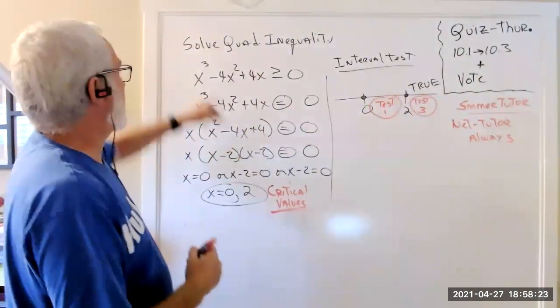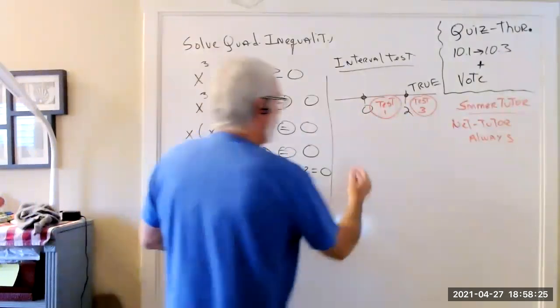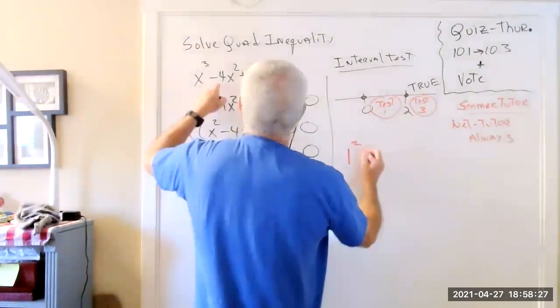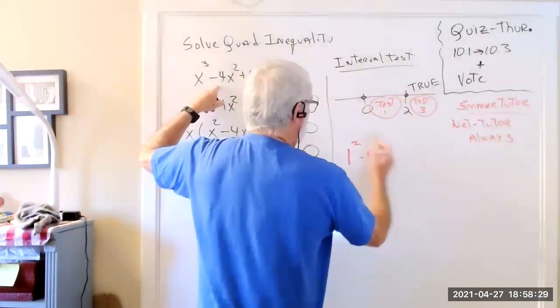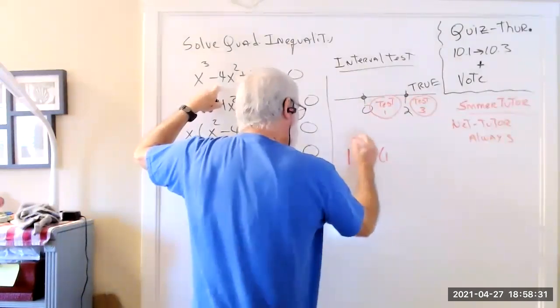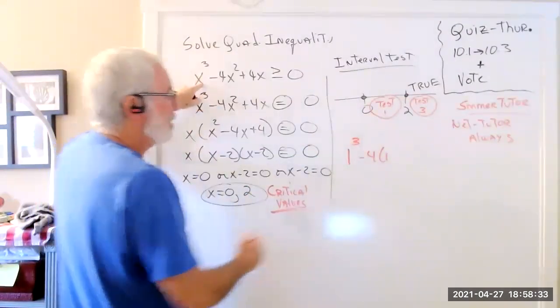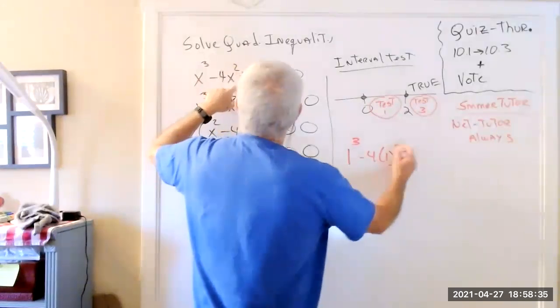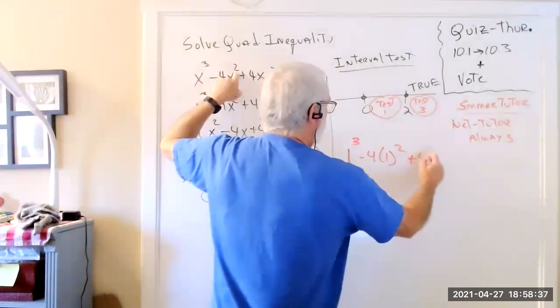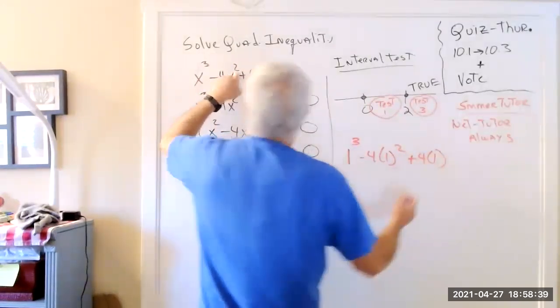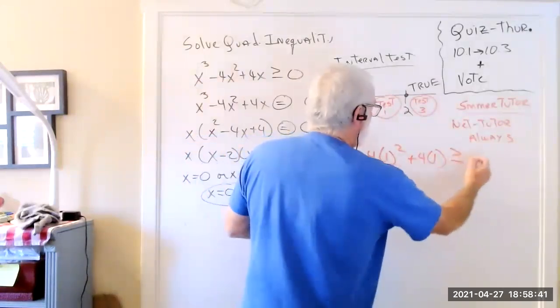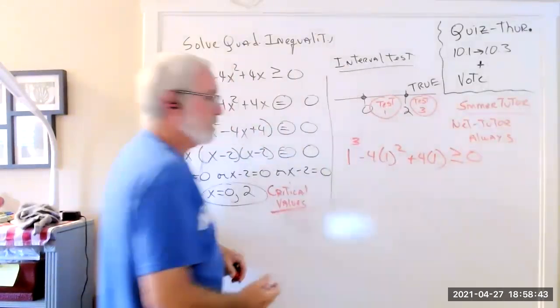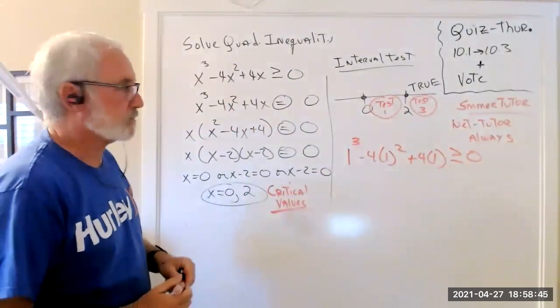Plug it back into the original. So we have 1 to the 3rd power, minus 4 times 1 to the 2nd power, plus 4 times 1. Is it greater than or equal to 0? That's what we're checking out.